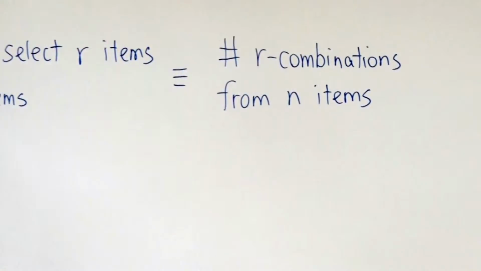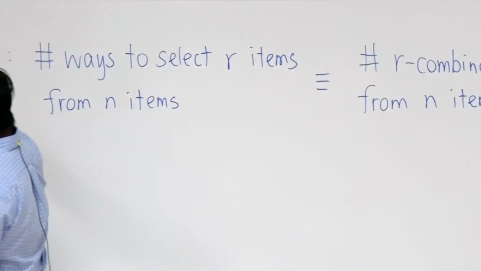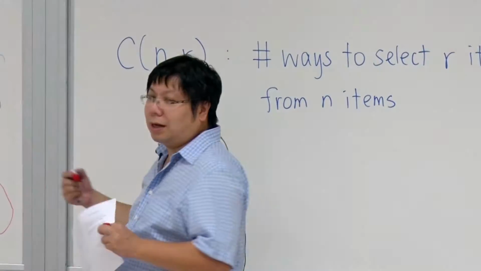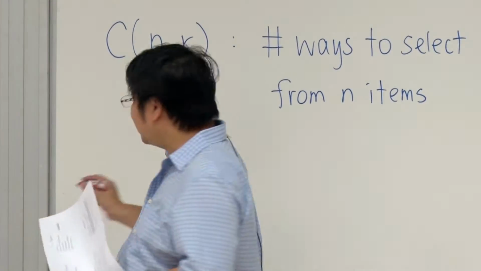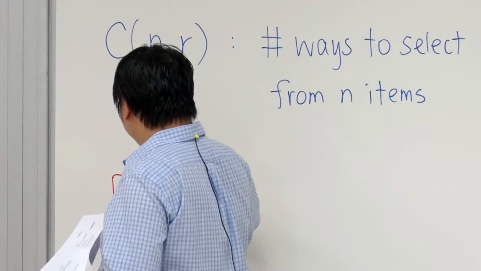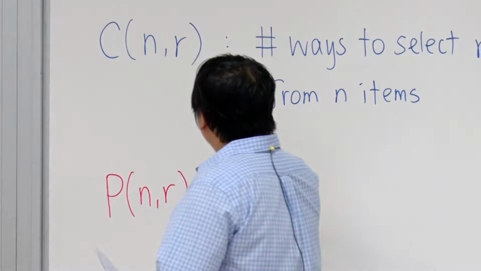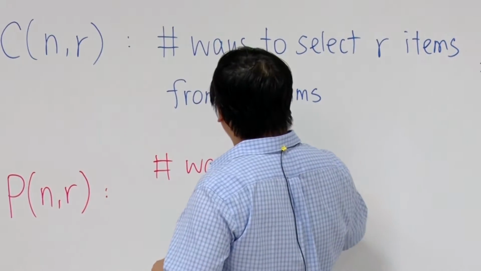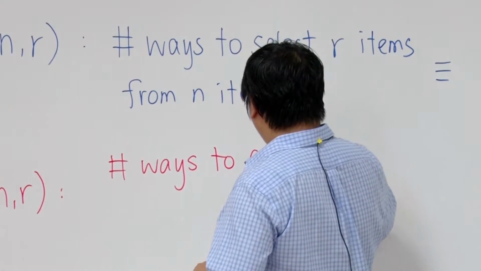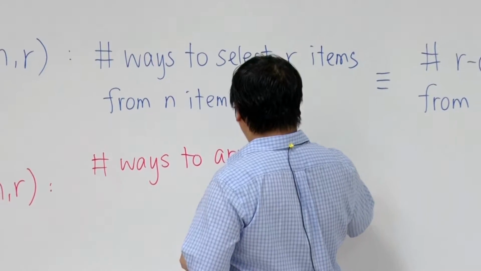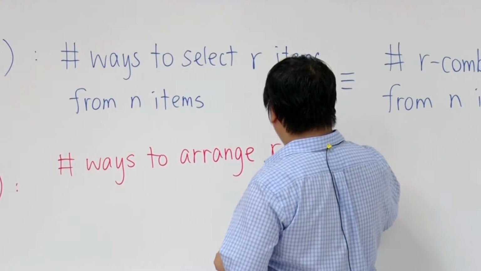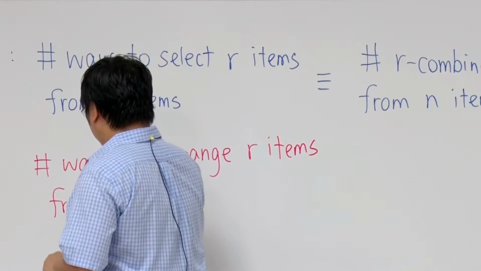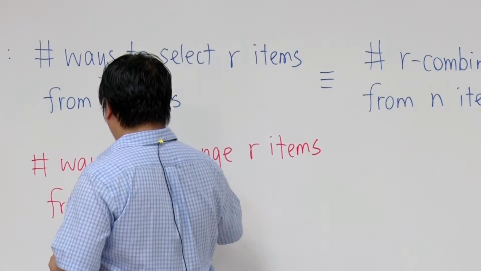C here stands for combination. Similarly, we want to ask how many arrangements there are, so we have P(n, r). P(n, r) is the number of ways to arrange r items from n items.